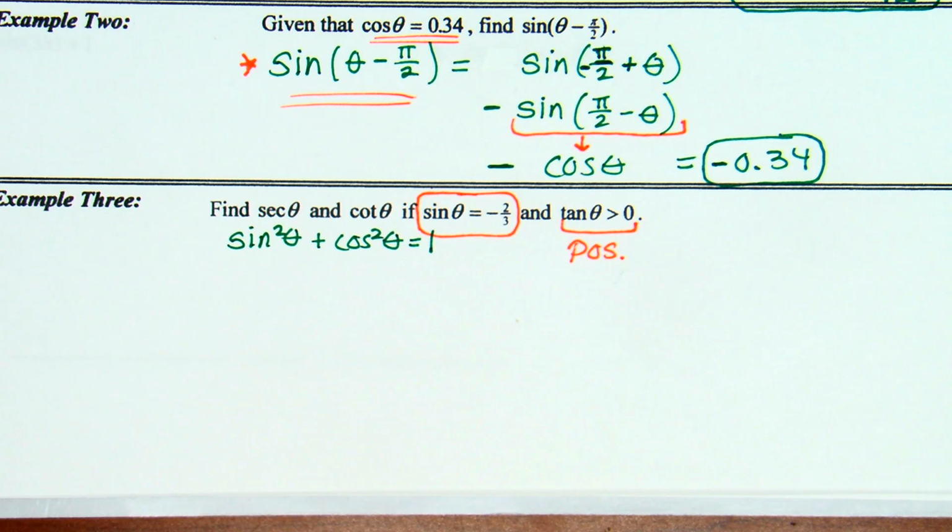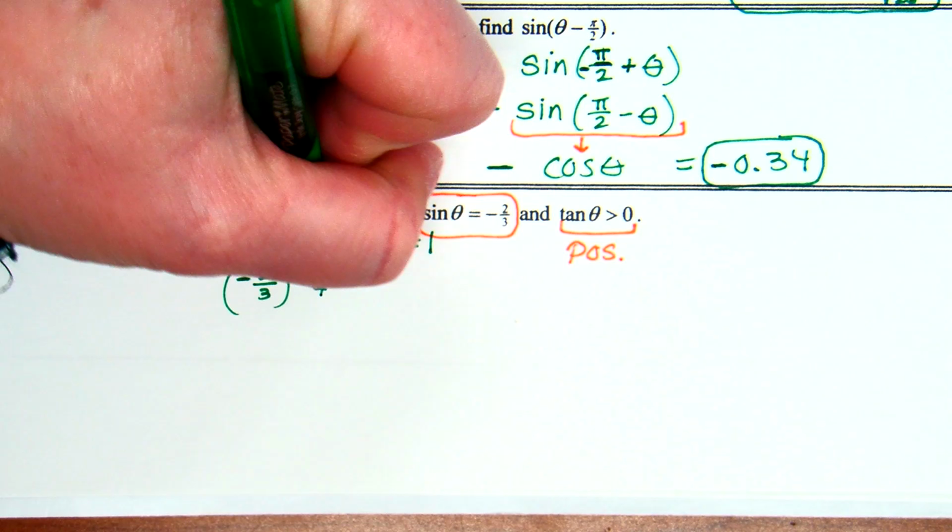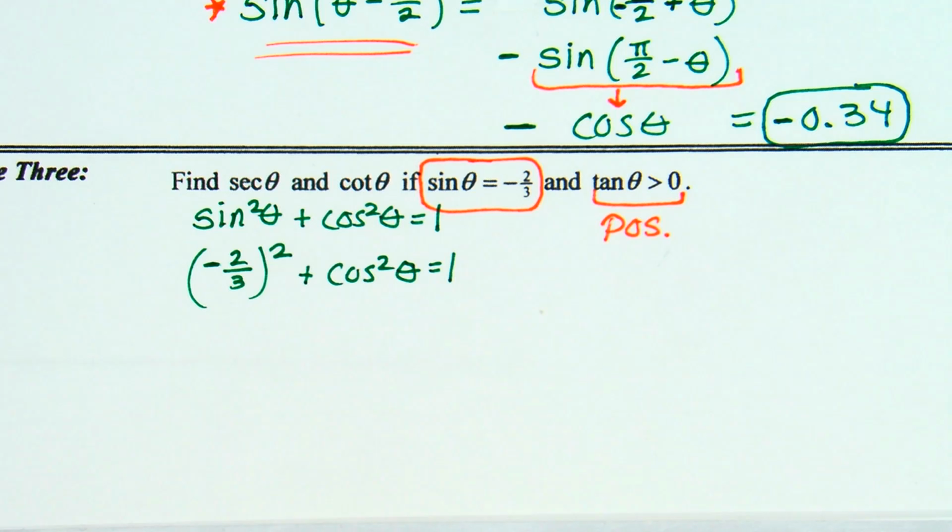Sine squared theta plus cosine squared theta equals 1. We're going to fill in sine. Sine is negative 2/3. It's sine squared, so it's going to be negative 2/3 squared, still plus cosine squared theta equals 1.